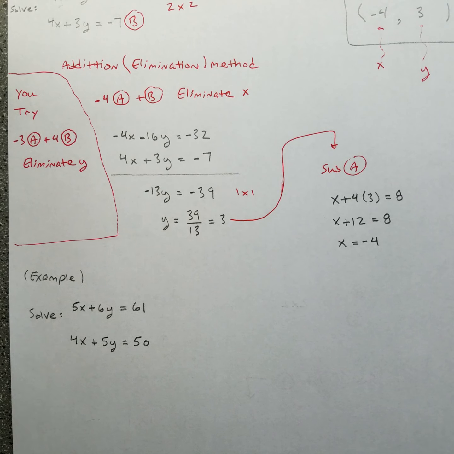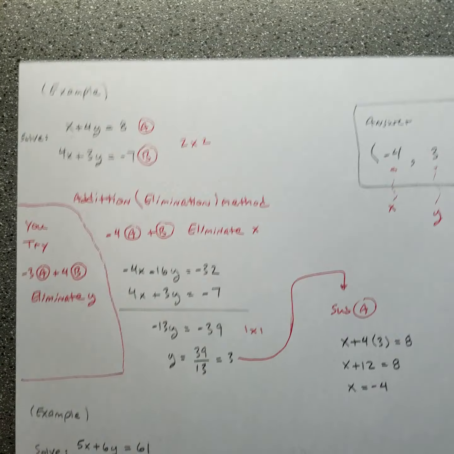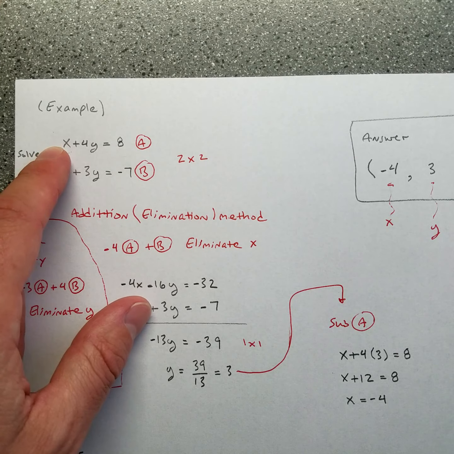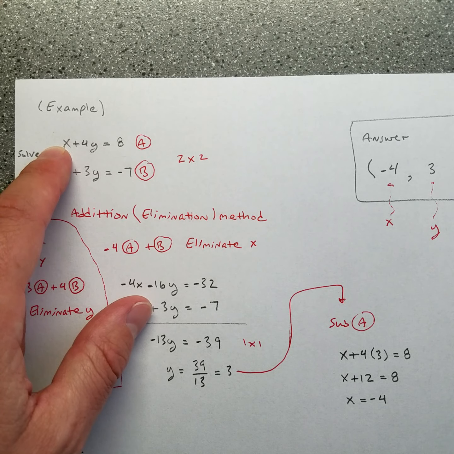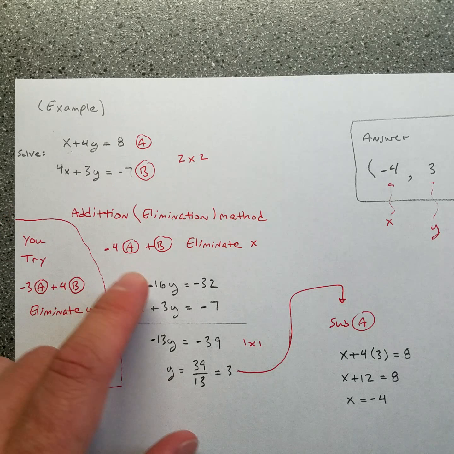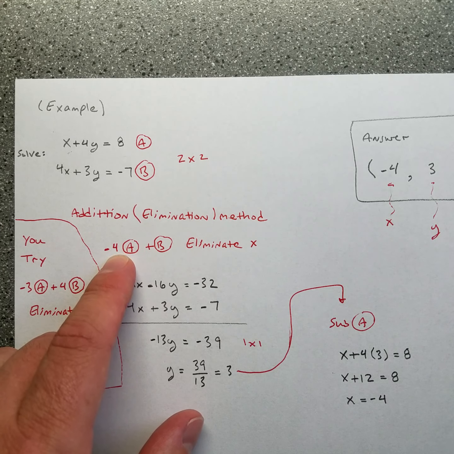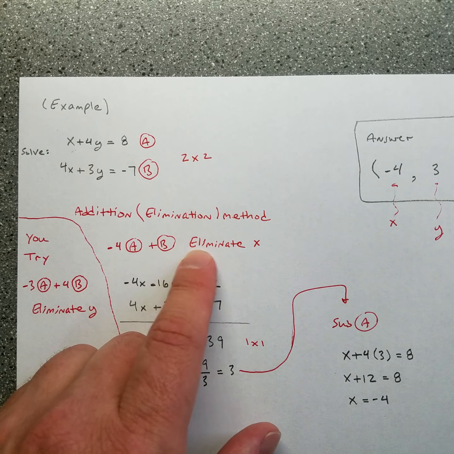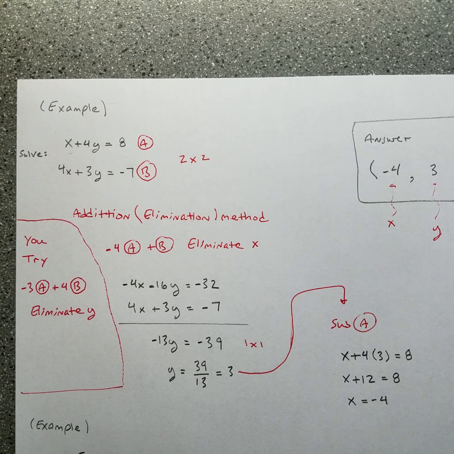Okay. Now, when I have a 1 right there, see that's a 1x? It's easy to turn a 1 into a 4. You multiply by 4. And you multiply by -4 so that they cancel or eliminate each other.